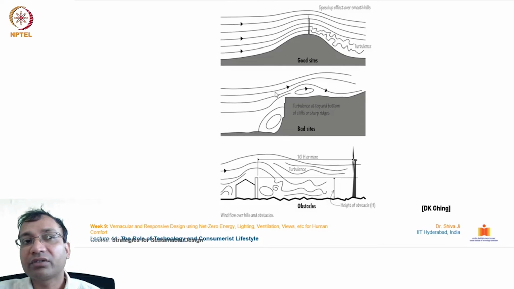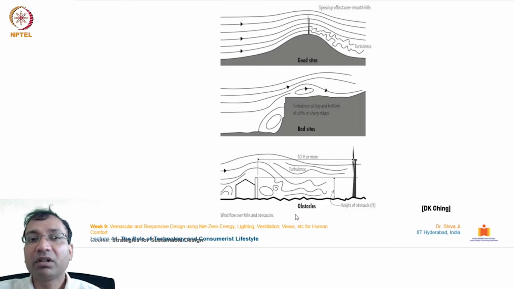Such places where there is a sudden rise in the topography create turbulences, so this is not a preferable location for having houses, because there will be turbulence in the air most of the time of the day and the year.